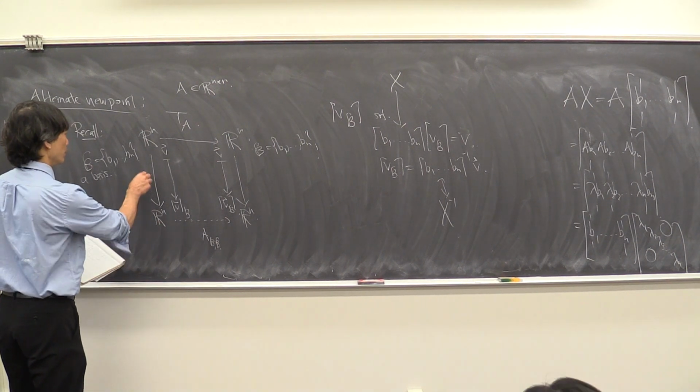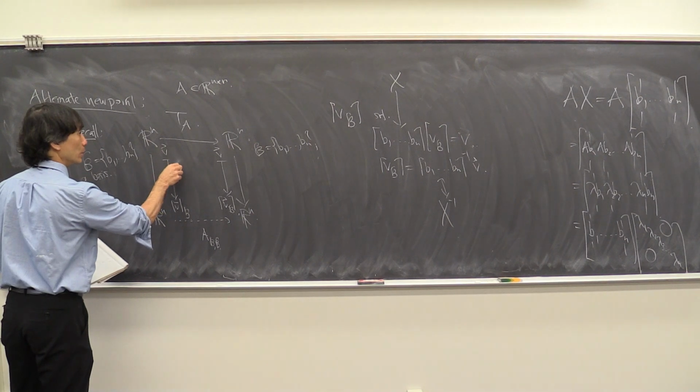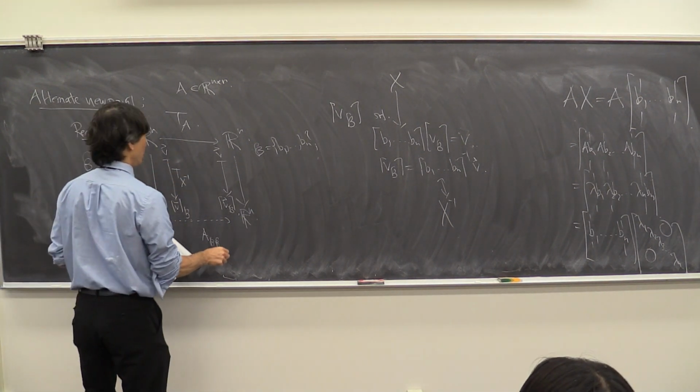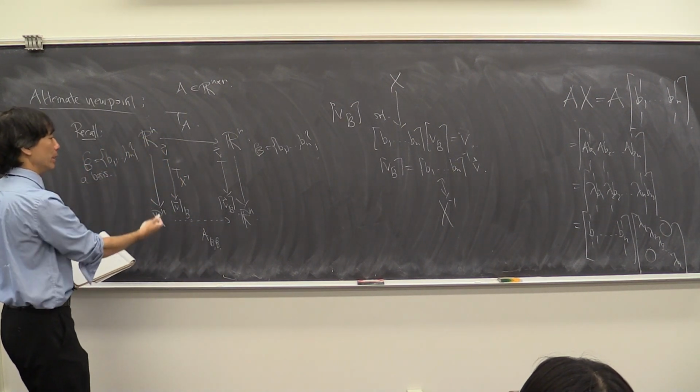So this map here is actually multiplying by X inverse, and if we're going this way, it's multiplying by X.